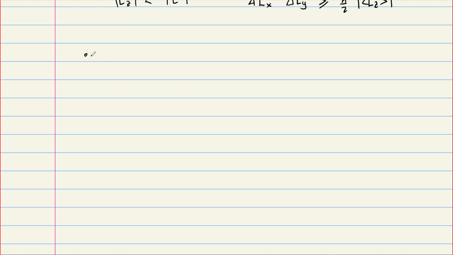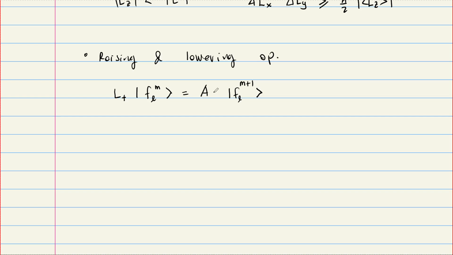So I want to think about these raising and lowering operators. What I want to find is L plus acting on |f, l, m>. I know it is going to increase m by plus 1, but I also want to find the coefficient here, exactly like we did for the harmonic oscillator, right?